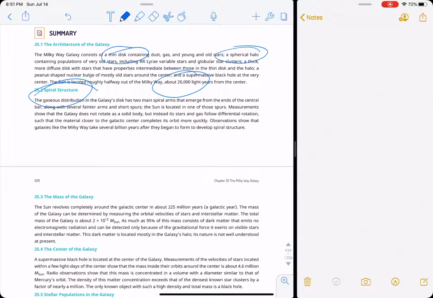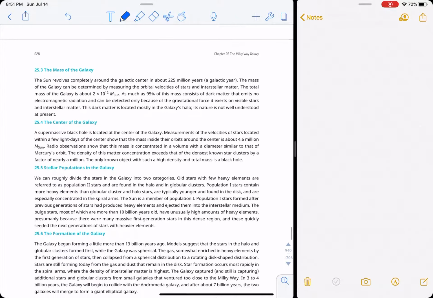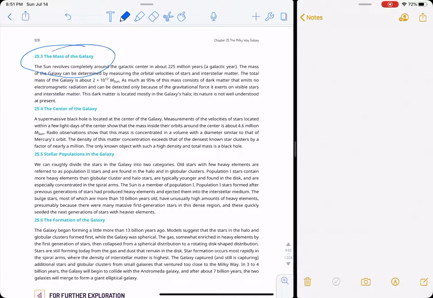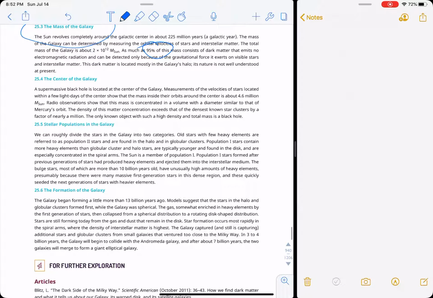The galaxy has more mass than we can see, and most of it, 95% in fact, cannot be determined. We cannot figure out what it is, so we call that dark matter. It's dark because it doesn't emit radiation like we normally think of, microwaves and all that kind of stuff.